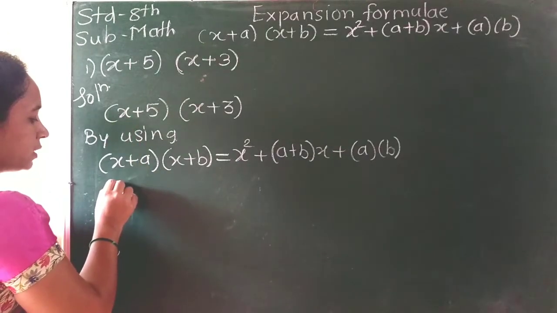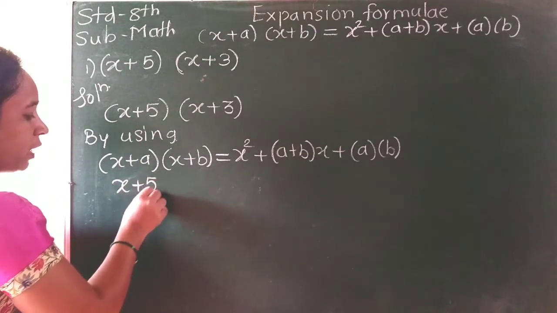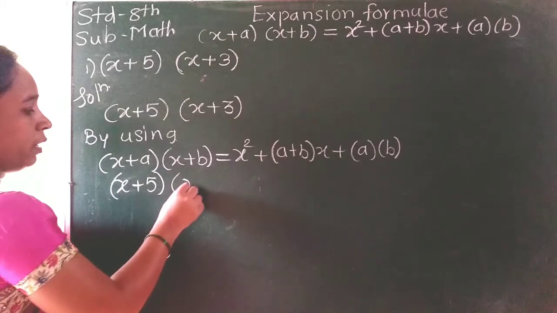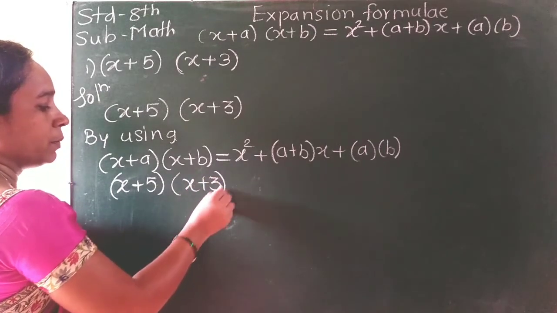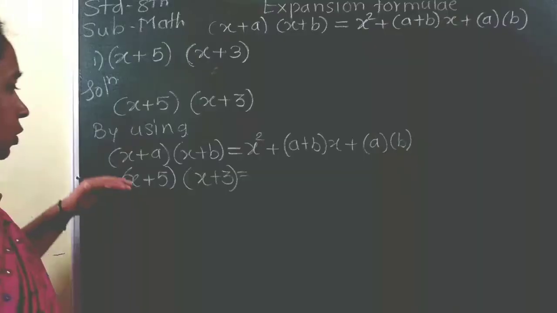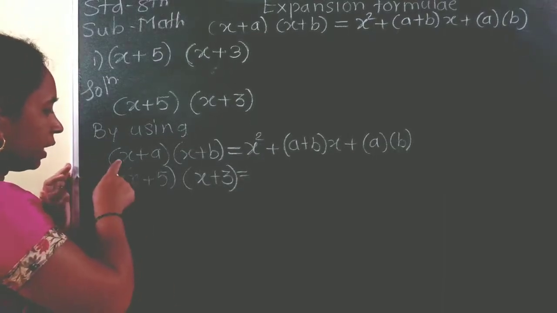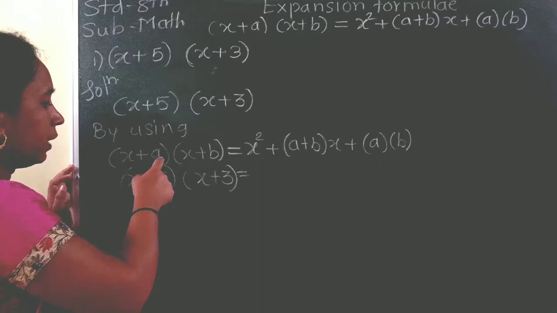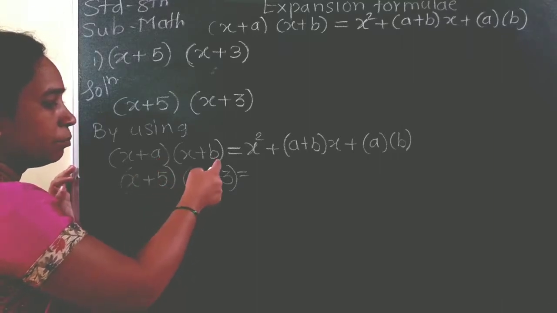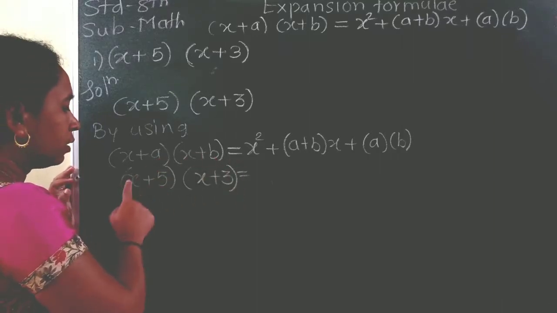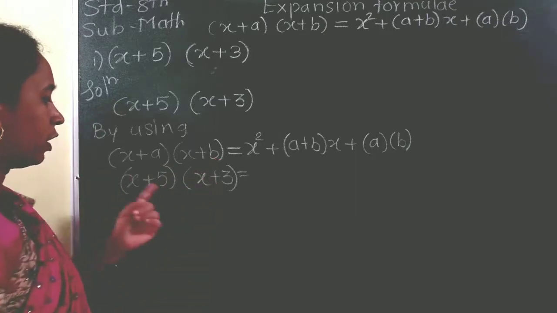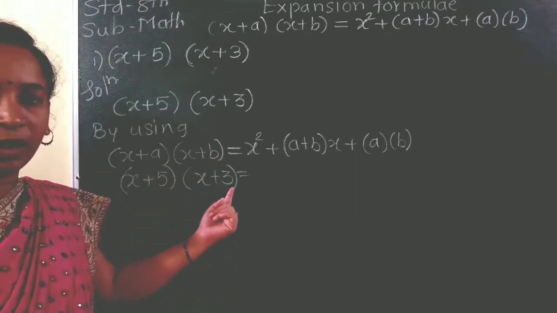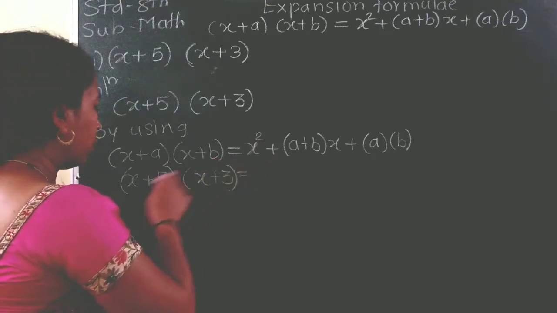Write the given example below it, x + 5 and x + 3, it will be easy to understand the terms. We will compare: the common term is x in both binomials, a's value is 5, and b's value is 3. Wherever a and b appear, we replace them with 5 and 3.